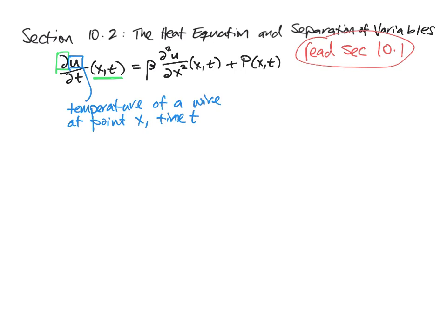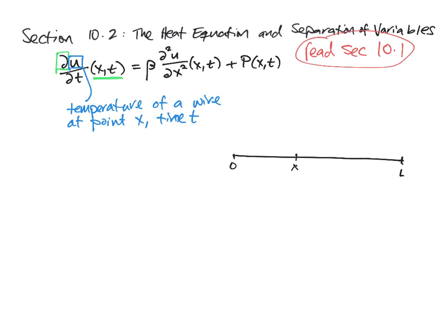So that means that we've got some wire happening that is of length L, and the temperature is going to be changing over time, of course, and we want to have some model that tells us at any point on this wire, maybe some x, and at some time after now, what's the temperature going to be at any point.